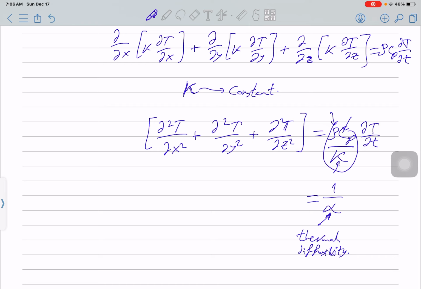So we'll replace these three quantities with one quantity, 1 over alpha, where alpha is thermal diffusivity, and we'll get our equation.